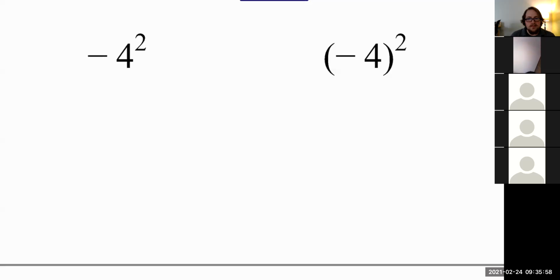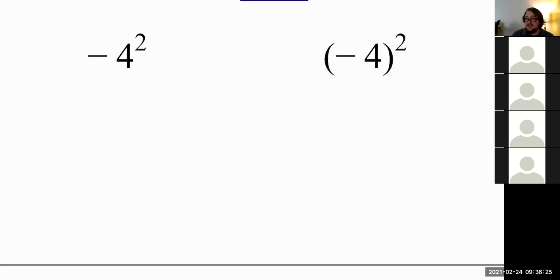So I'm going to start with the first one, and we're going to see this in longhand version just to see why we get two different results. The first one, what is our exponent? A positive 2. What is our base? -4. It looks like a -4. And here's where the trick is. Technically, the base is 4.